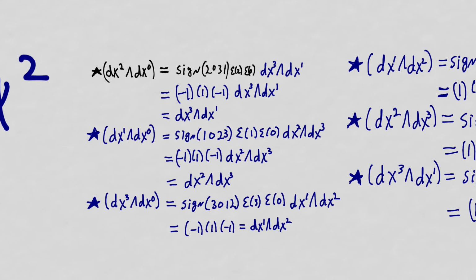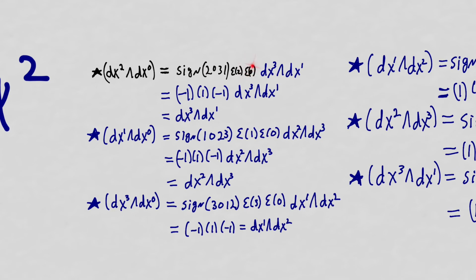But you pick up this epsilon of 0, which is the sign of dx0 with itself, which is -1 in the case of the Lorentzian metric. So now these epsilon pieces actually start giving us a sign, a sign of -1.